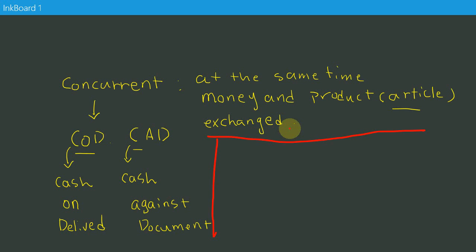In case of COD, it stands for cash on delivery. So the meaning of this is none other than once the product is delivered at the buyer's territory, meaning site.